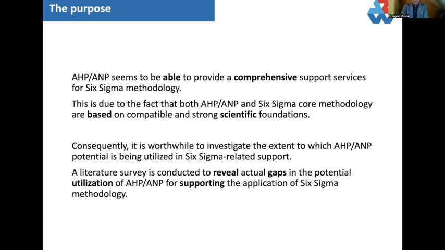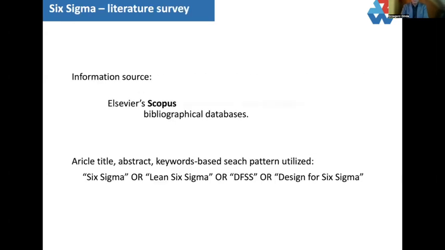And this is why it is also worthwhile to investigate the extent to which the methodology of AHP and ANP and its potential is actually utilized in Six Sigma related support, to light up some gaps in the potential utilization for supporting Six Sigma methodology. Can I have the next slide, please?